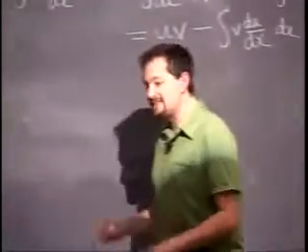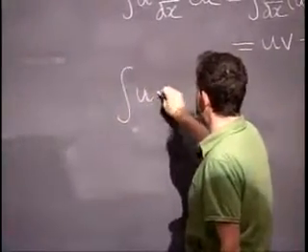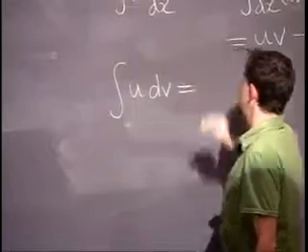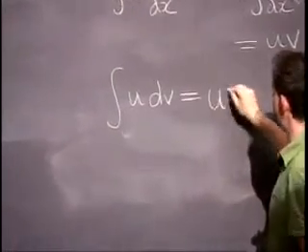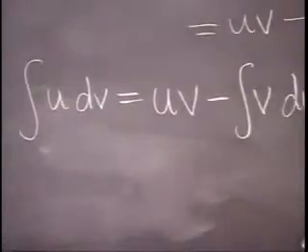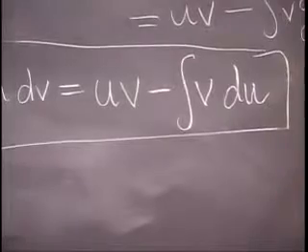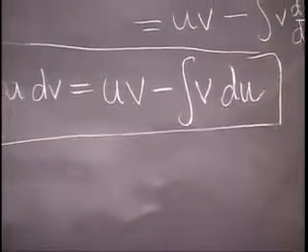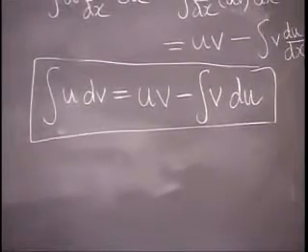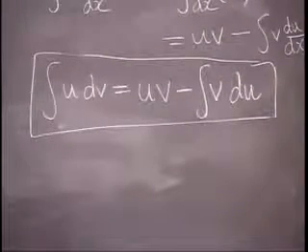So in a sense that I'm going to make precise by means of example with some discussion, I suggest the shorthand notation, which looks like this. More or less the previous formula with the dx's cancelled out. The integral of u dv is equal to u times v minus the integral of v du.